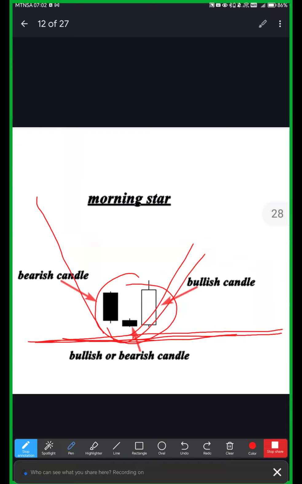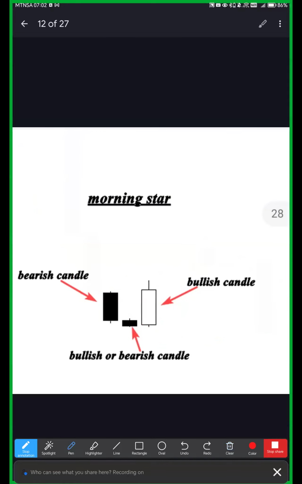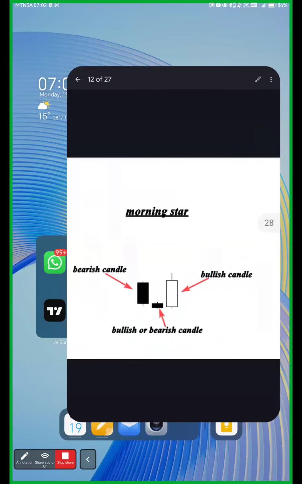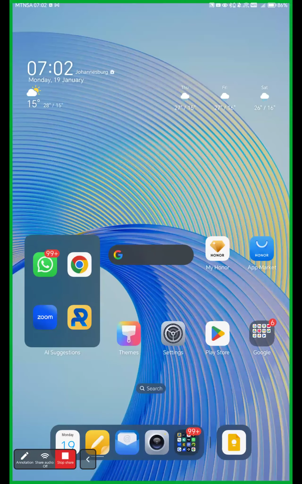Then this is interpreted as a powerful trend reversal, the reverse of the downtrend going to an uptrend. Are we together here on the morning star pattern? Are we together on the morning star pattern?